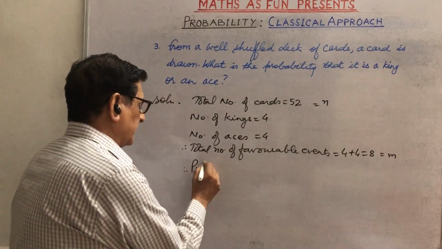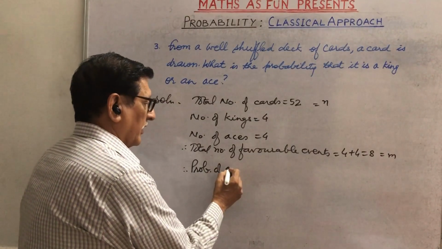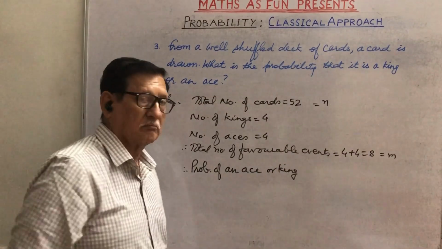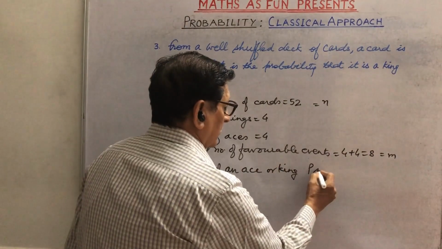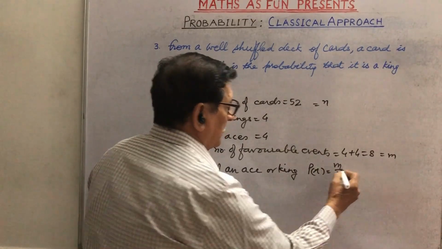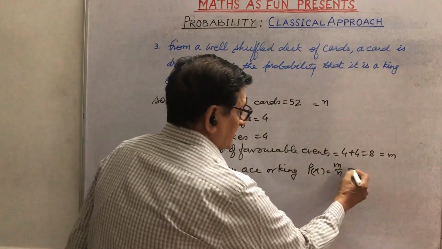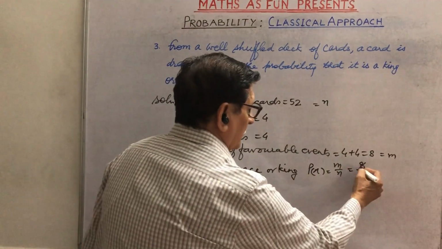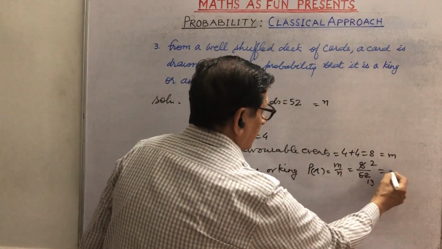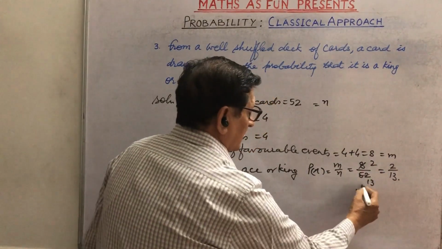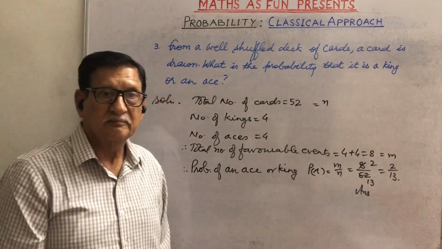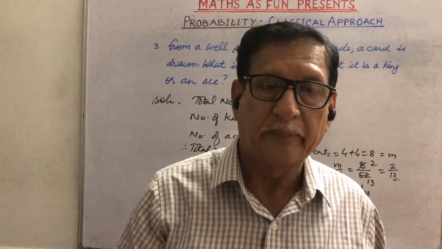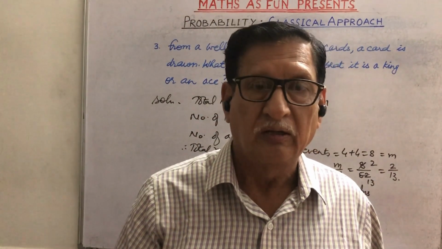Therefore, the probability of an ace or king, suppose P, will be equal to m upon n. m is 8, n is 52. If we cancel by 4, 4 into 2 is 8, 4 into 13 is 52, this is 2 upon 13, this is the answer.